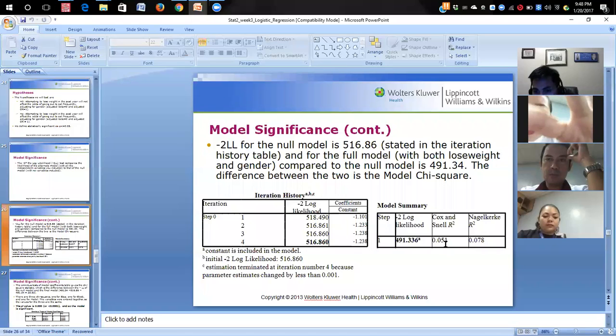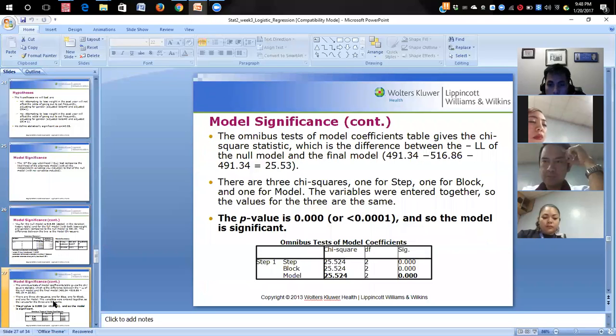So this is roughly 5.1% to 7.8%; this model accounts for roughly 5.1 to 7.8% of the shared variance of the independent and the dependent variable. And so this is another important output of SPSS when we do logistic regression, the omnibus test of model coefficients.